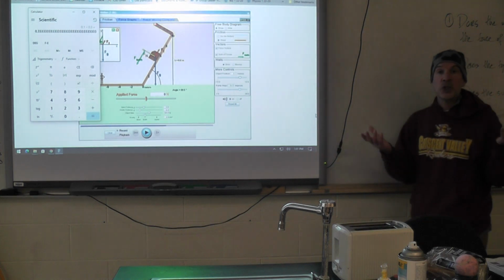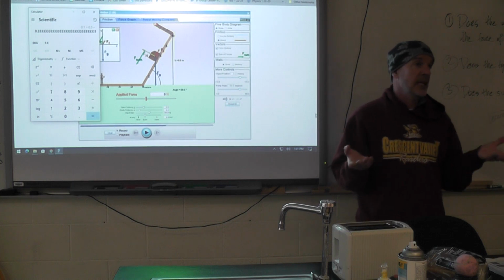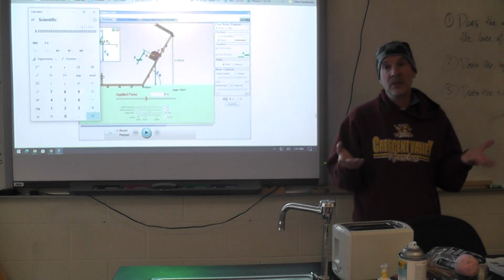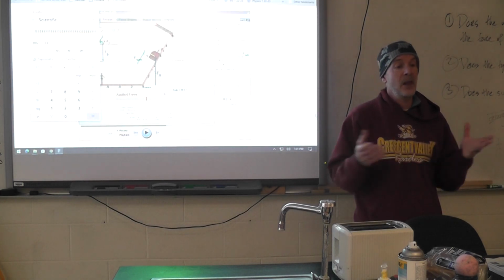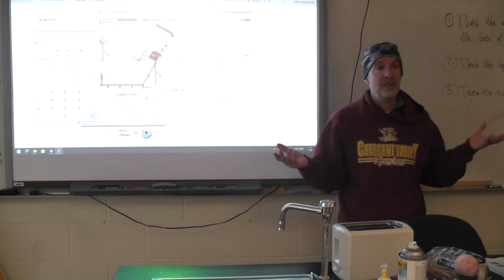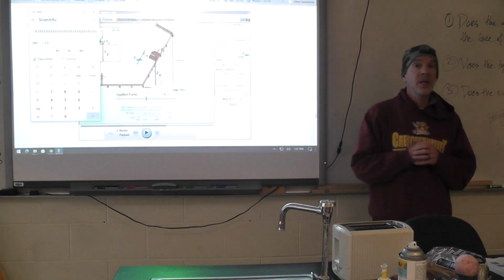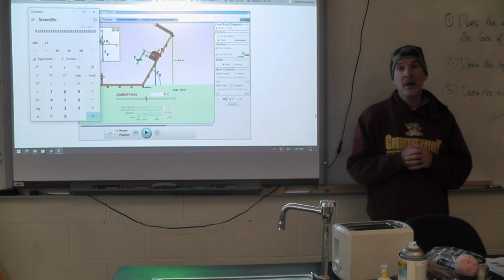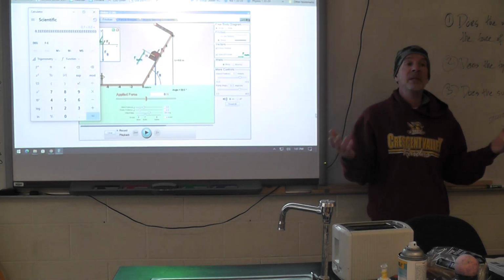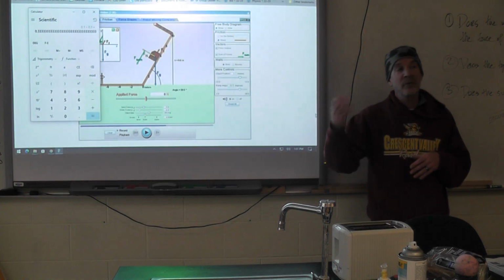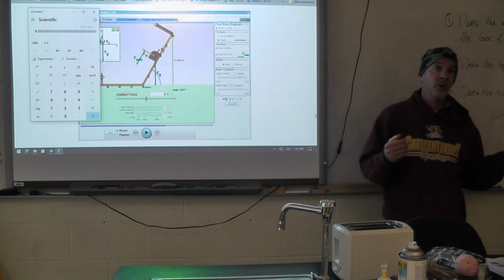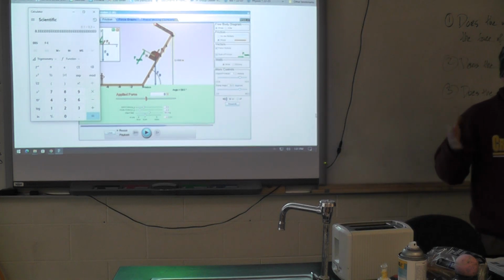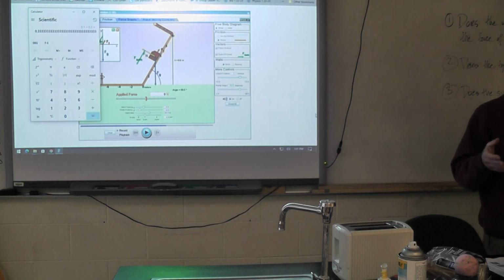Surface area should be irrelevant. But what I would expect that you're seeing is that because this is real data and real life scenarios, with a lot of imperfections in the materials and the surfaces and your ability to make measurements, this is gonna be a little bit more ambiguous. There might even be disagreements, like some of you might say we got more friction with the sandpaper, and others may say we got more friction with the felt, which may have to do with the quality of your work, or the fact that one person's sandpaper might have been different than another person's sandpaper, or one person's felt might have been different.